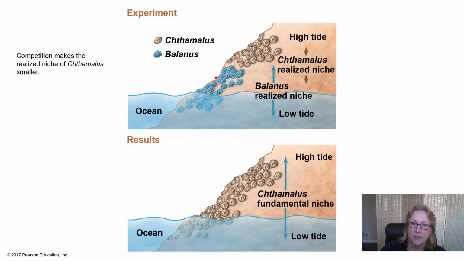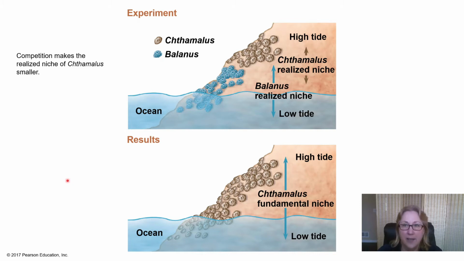And so he did an experiment where he artificially removed all of the Balanus individuals from a particular area and then came back later to see what had happened. And what he found was that if he removed the Balanus barnacles, when he came back later, the Chthamalus species would have taken over that area.